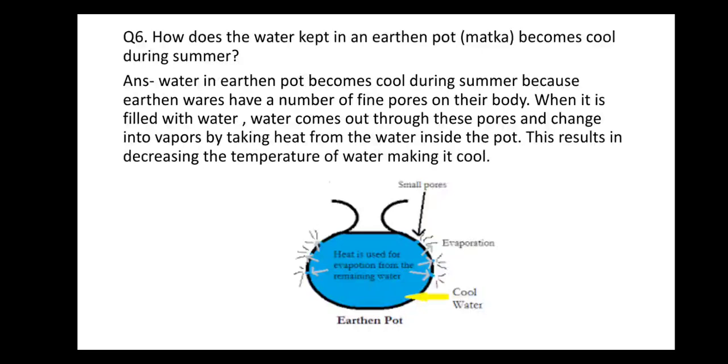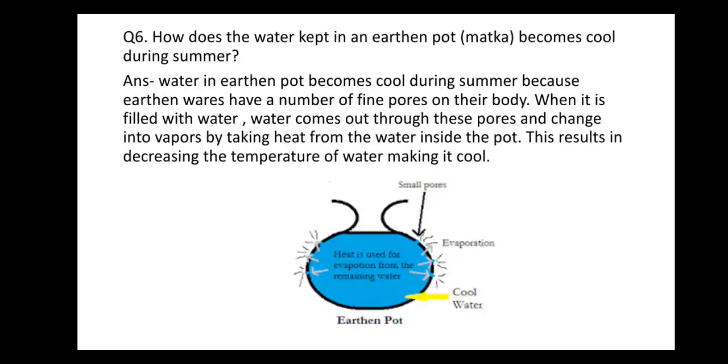Next, the water kept in the earthen pot, that is matka, becomes cool during summertime. Matka means made of mud, which is what we prefer to make our water cool in summer. Mud is porous, so when the matka is prepared, its body has pores. When you fill the water inside the matka, some water droplets keep on coming out from the pores of the earthen pot.